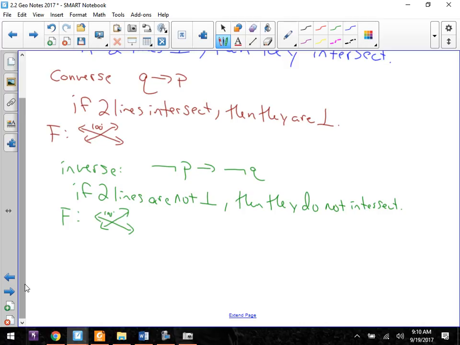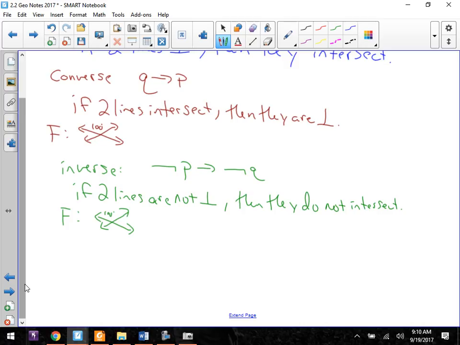Well, those two lines aren't perpendicular, and they still intersect. A lot of times, the counterexample, more often than not, doesn't have to change. If we go through the idea of if you are a teenager then you are 15, you can counterexample that pretty much straight through for most of them, like, oh, you can be 17, depending on how you flip-flop things around.